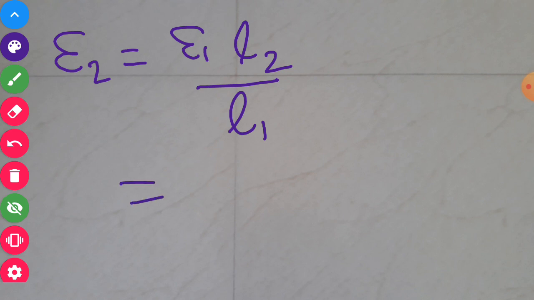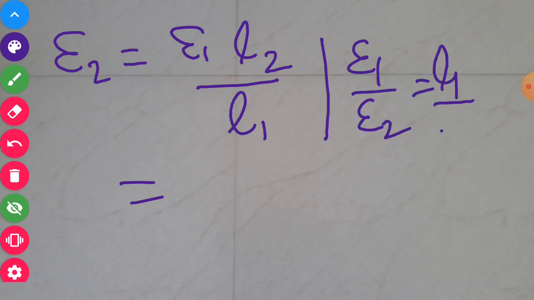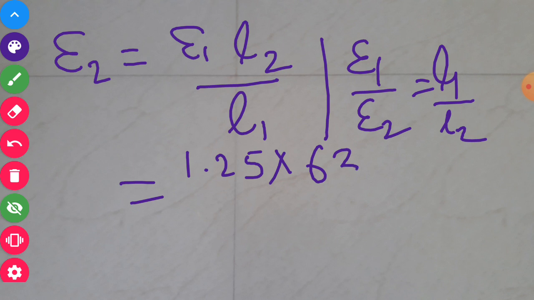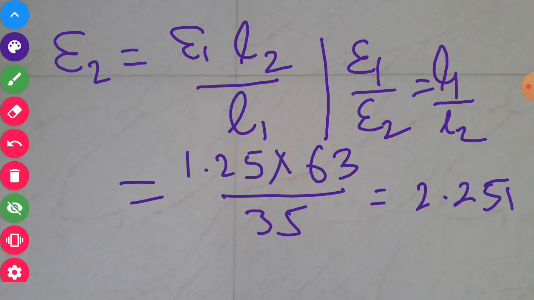Now E1 we have 1.25, L2 we have 63, and L1 we have 35. So an easy calculation, 2.25 volt you will get.